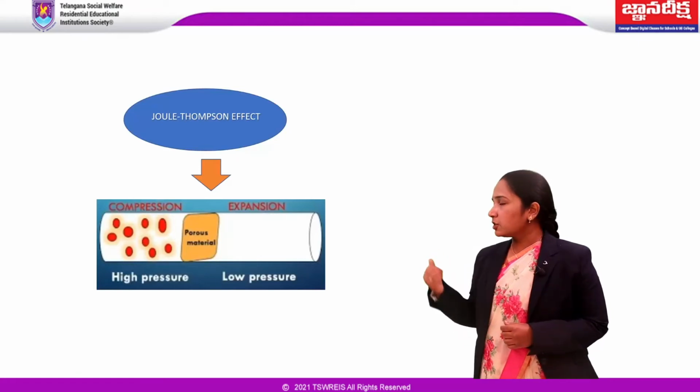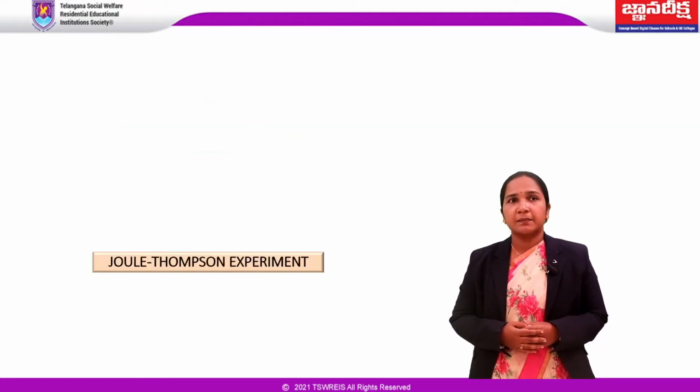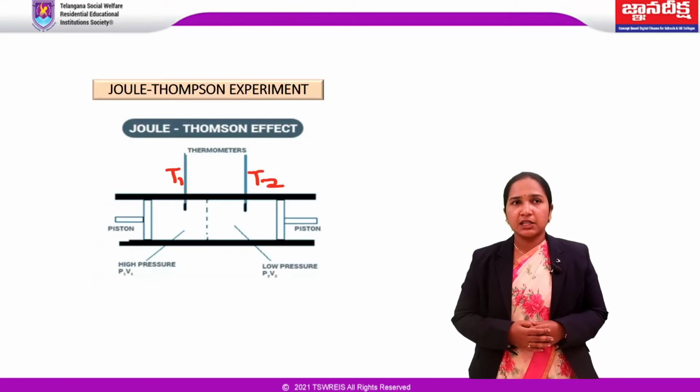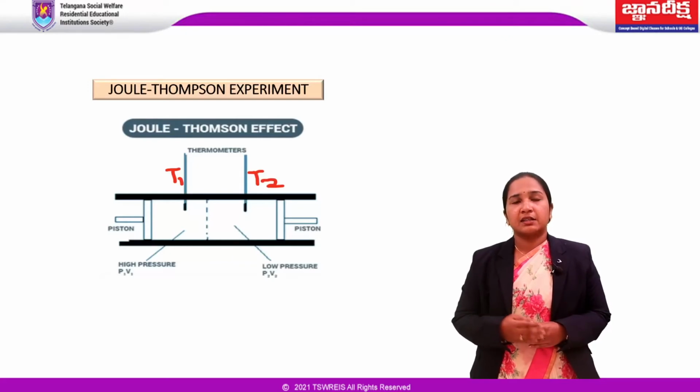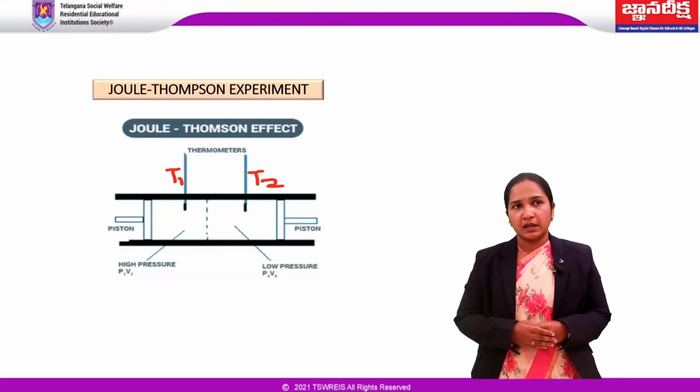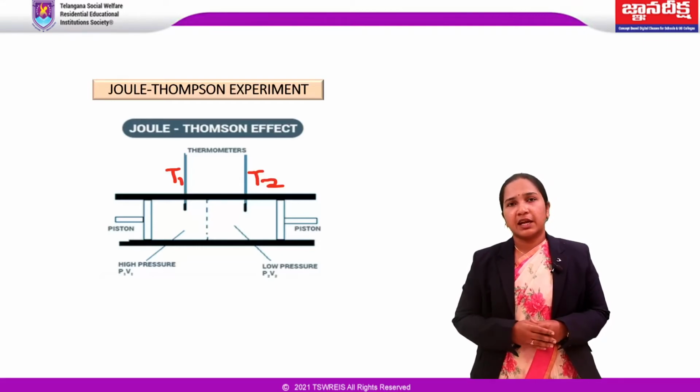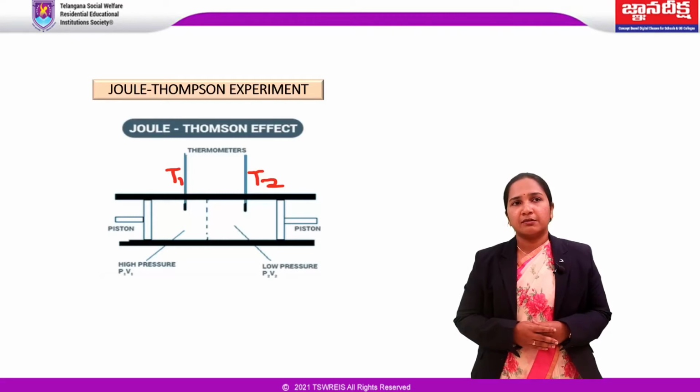So this picture shows the Joule-Thomson experiment. In the experiment, a constant flow of gas was maintained along a tube which was divided into two compartments separated by a porous plug, such that the pressure and molar volume on the upstream side are P1 and V1, and the pressure and molar volume on the downstream side were P2 and V2.